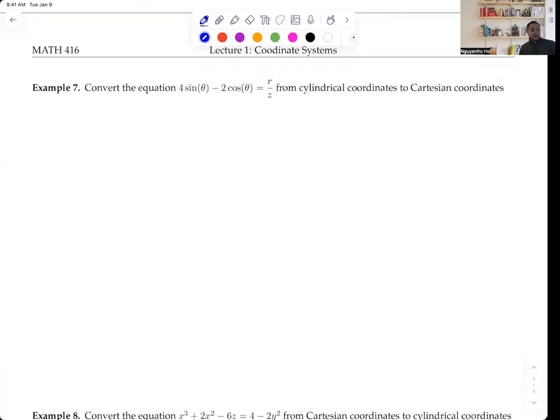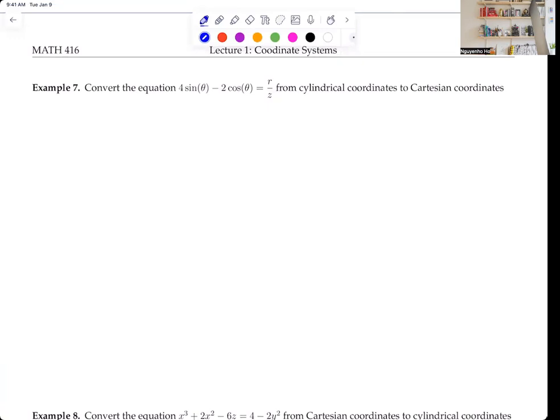Example 7, convert this from the cylindrical coordinate system to the Cartesian coordinate system. All right. Now take a look at the left-hand side. You have sine of theta, you have cosine of theta. The missing information is r.